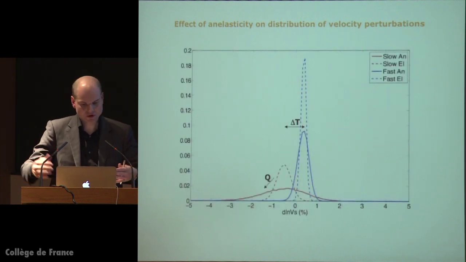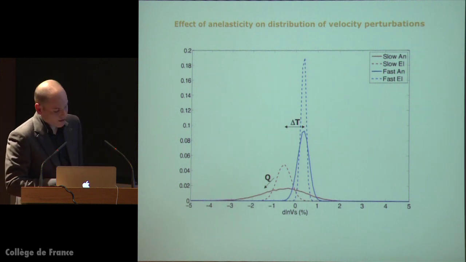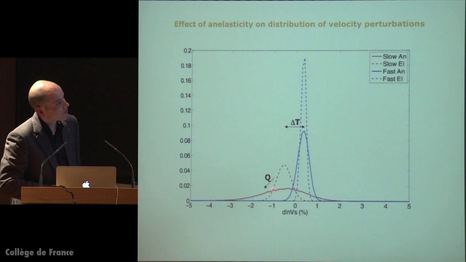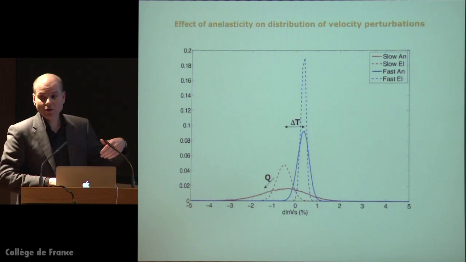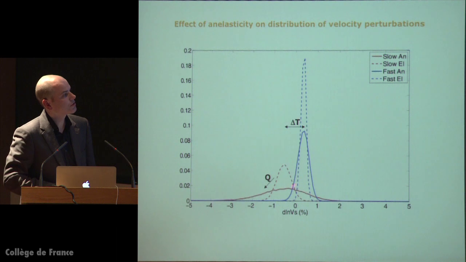Again, it's work in progress. To show you even more the effect of the attenuation, here you have an example of a slow distribution and a fast distribution in the elastic case, and then we apply the inelasticity and transform these distributions.